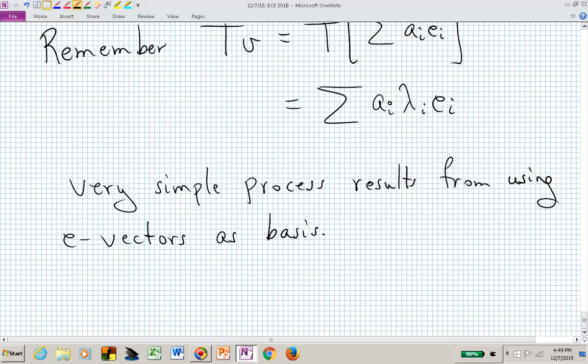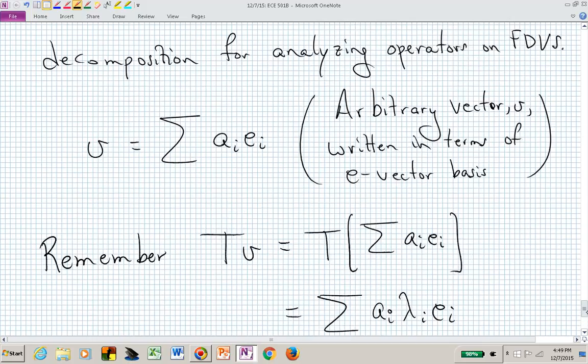Now, do you remember how we found the a sub i's in this decomposition of an arbitrary vector v in terms of our basis vectors? And in this case, our basis vectors are orthonormal and they're eigenvectors. If I give you an arbitrary vector v, how are you going to find the a sub i's?